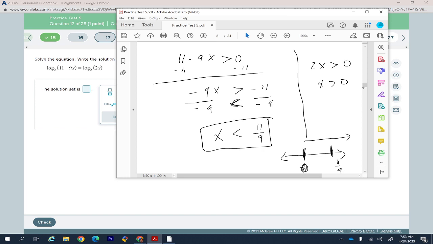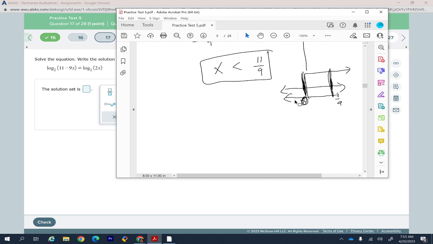So the domain would be the intersection. Intersection means the common part of these two. And you can see that the common part of these two is from 0 to 11 over 9. So the domain for this equation is from 0 up to 11 over 9.